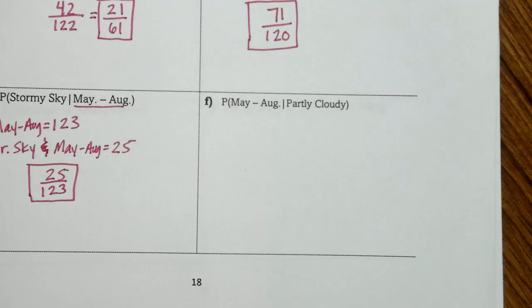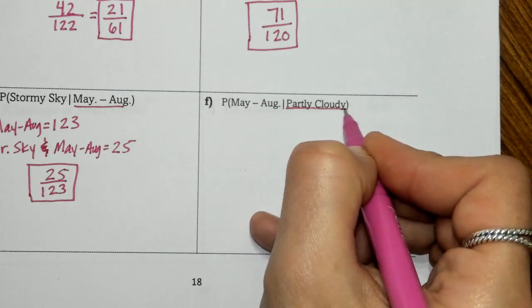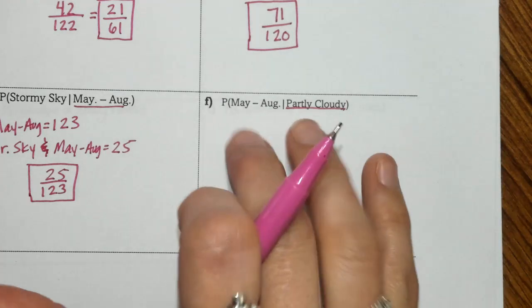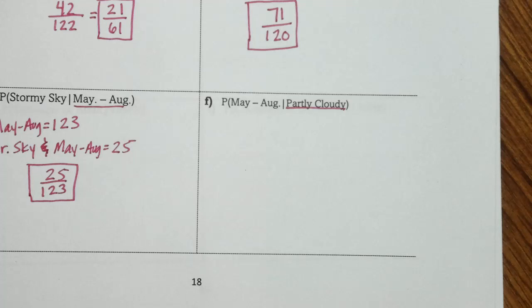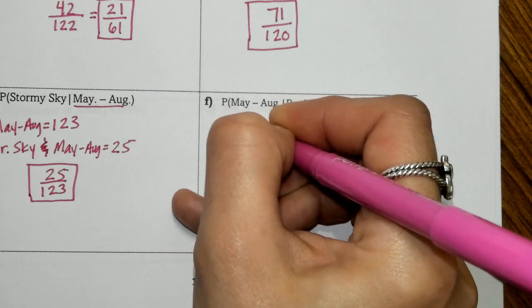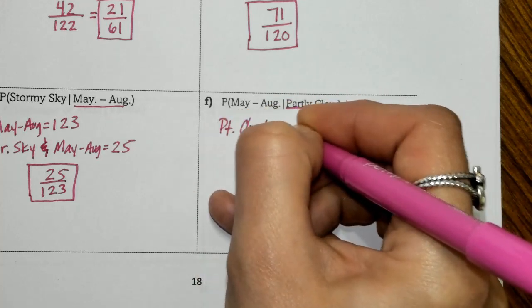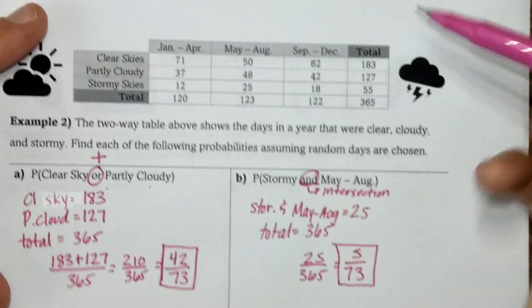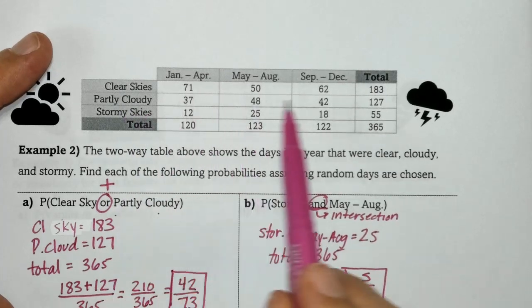Last one for this example. We want how many days in May through August are partly cloudy. First let's figure out how many partly cloudy days we have total. Going up here for partly cloudy, total number of days, 127.